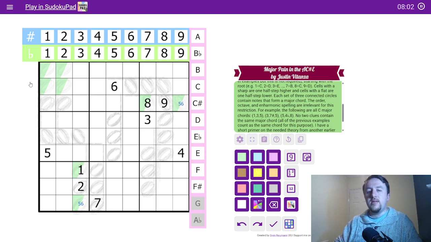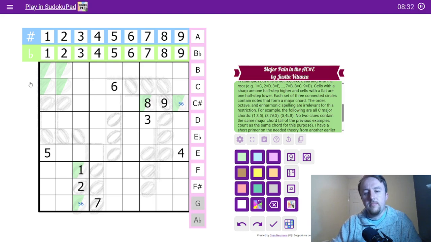I think the only exceptions are B flat major, D major, and E flat major. I think every other triad could potentially have a 1 on it. What about a 2? I think we'll see a similar thing. 2 can't be part of a C major triad, or E major, or F major.